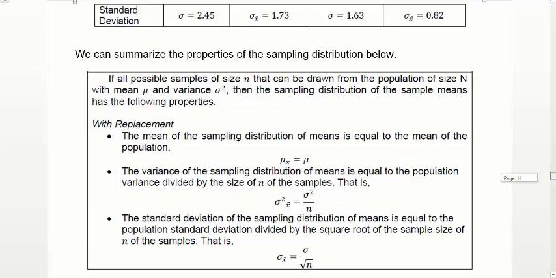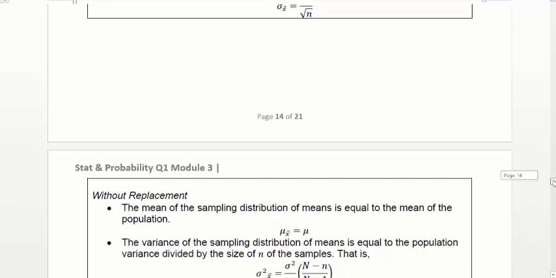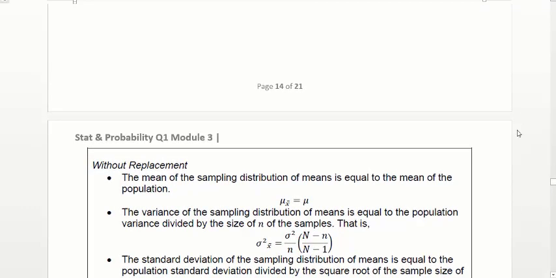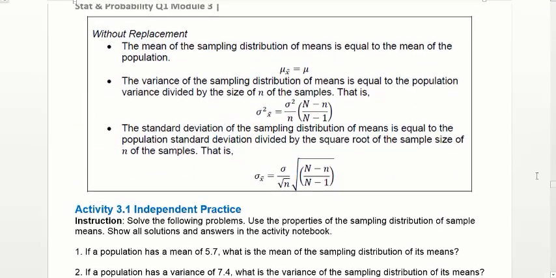And then, without replacement, wait, let me go down. The same thing for the mean, but the variance of the sample means would be the variance of the population over the sample size. Okay?